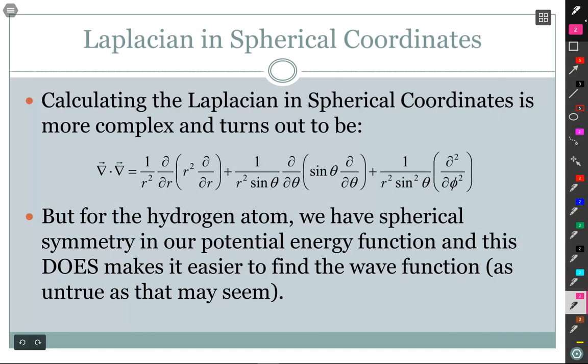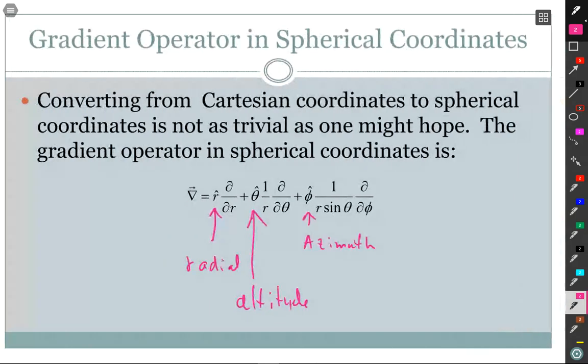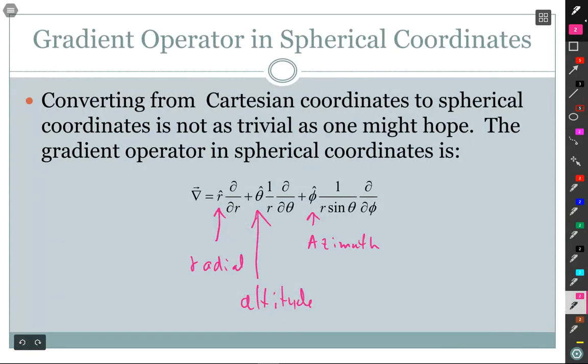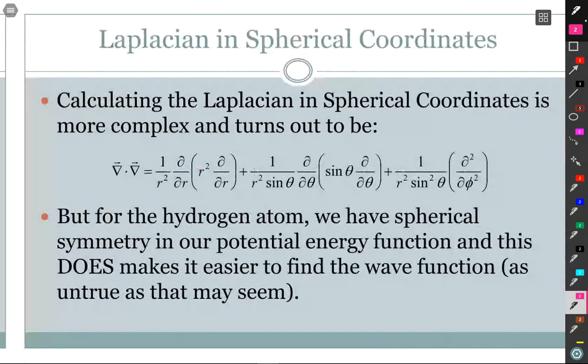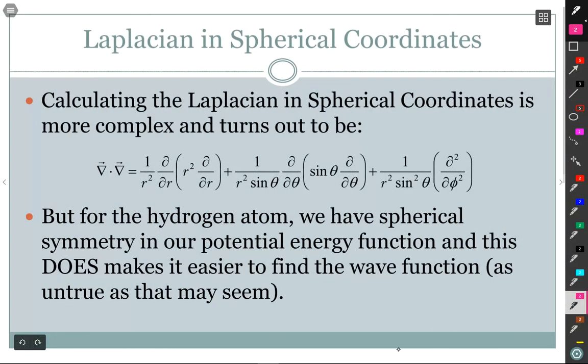So now we have to do the Laplacian, del dot del. And so we take the r component acting on the r component. I didn't write out the long form here because, you know what, it's really long. But I have this d/dr acting on itself, and I get this crazy thing here.